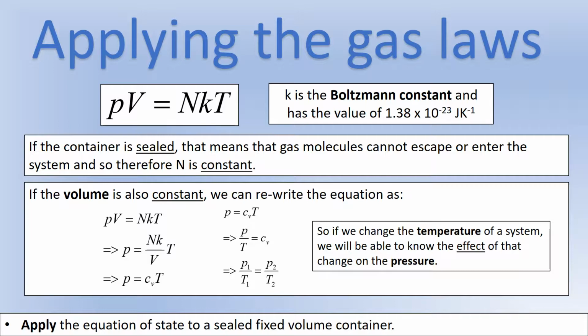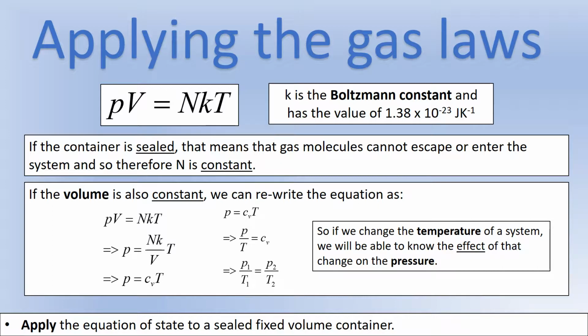So if we have a constant volume, what I'm going to do is exactly like I did in the last video. I'm going to take volume to the other side and replace the Nk and volume with a constant I've called C subscript V. So what I can do is, if I change either the pressure or temperature, that will allow me to work out what happens to the other variable. Essentially, if we look slightly to the right, you can see I've divided both sides by the temperature to make the constant the subject, because this constant will have the same value regardless of the pressure or temperature.